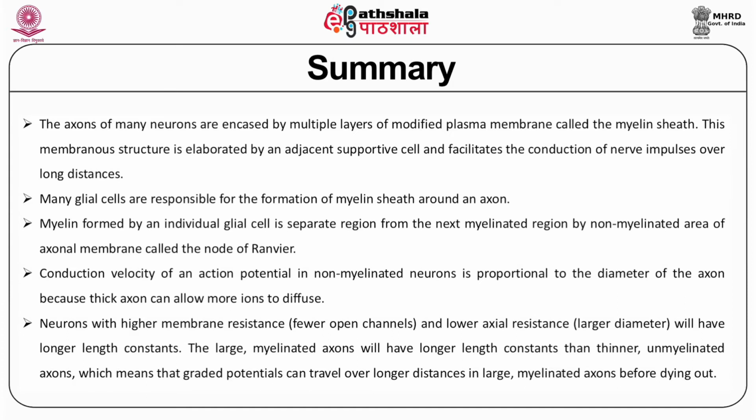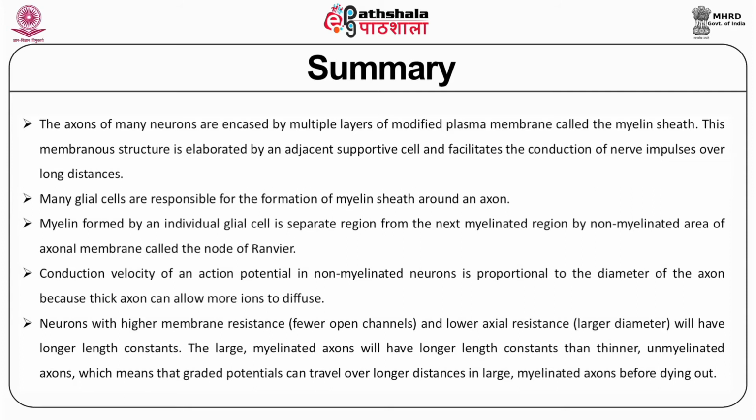Conduction velocity of an action potential in a non-myelinated neuron is proportional to the diameter of the axon, because a thick axon can allow more and more ions to diffuse. Neurons with higher membrane resistance, because they contain few open channels, and lower axial resistance because of their large diameter, will have a longer length constant.